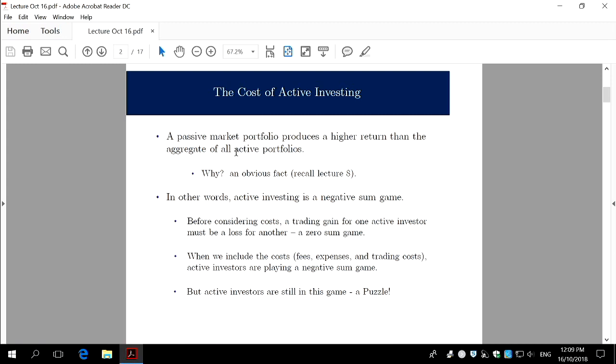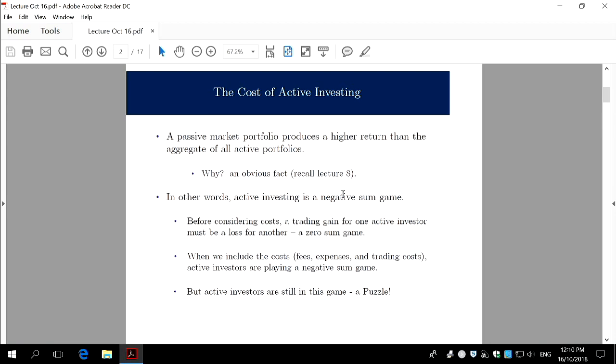So by mathematical definition, it's impossible to have active portfolios with a much higher return than a passive portfolio, right? Is that clear? If you are still not clear, just check what we learned in lecture 8, okay?